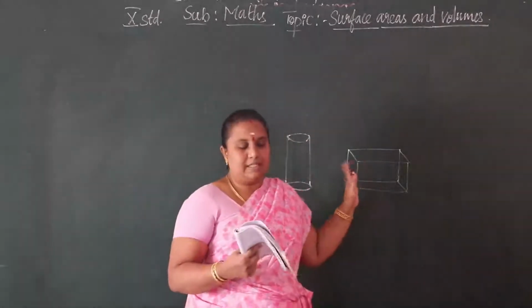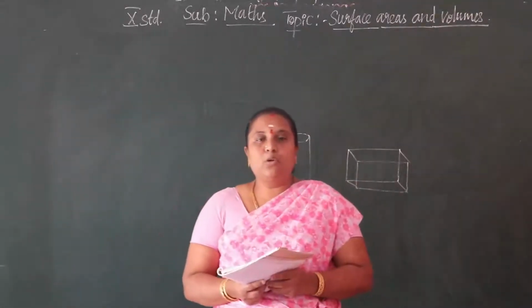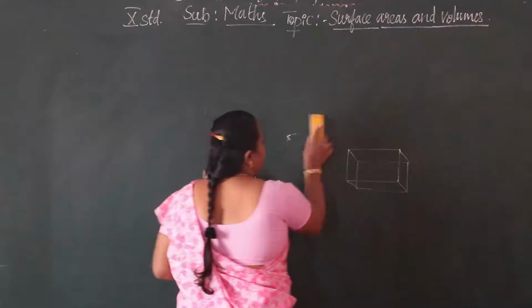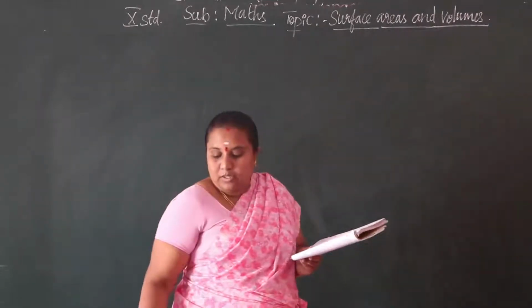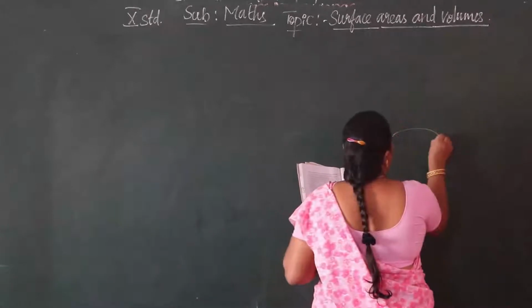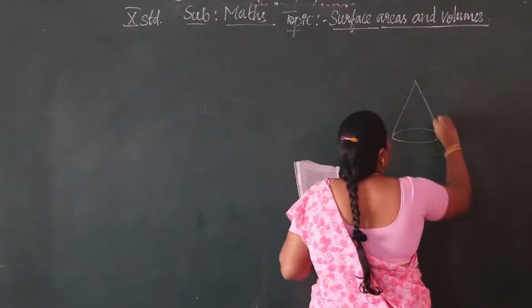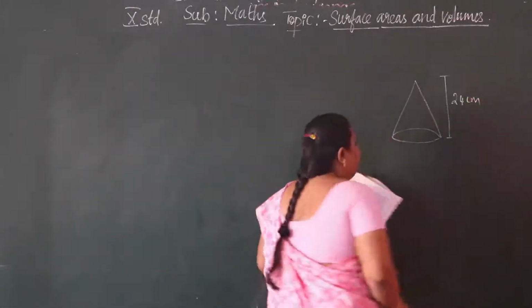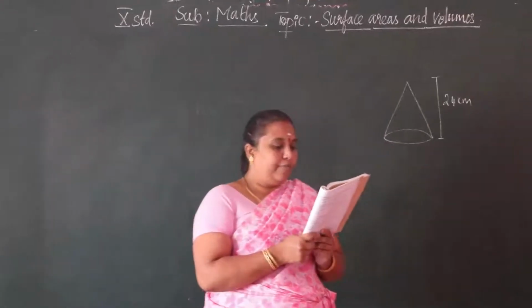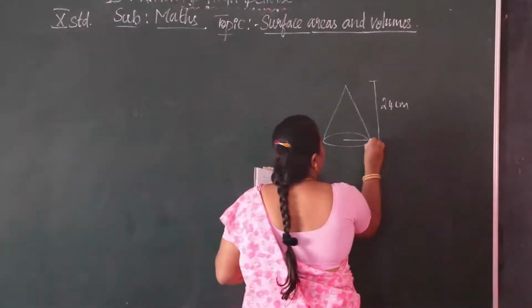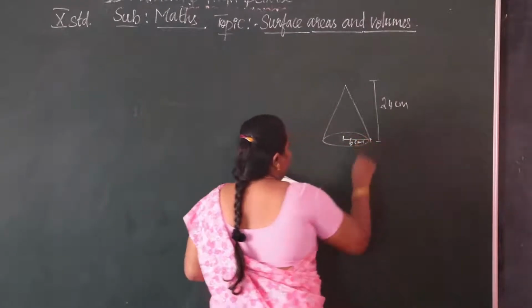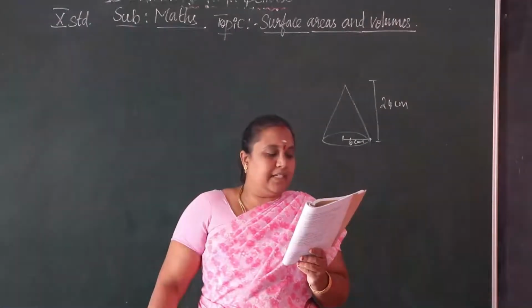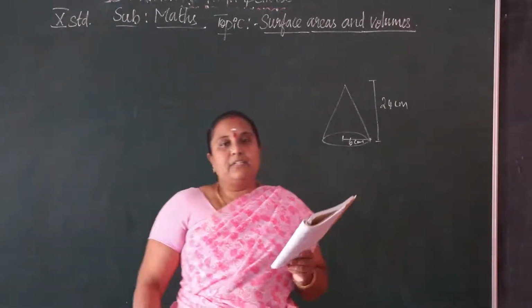It is like this: a cone of height 24 centimeter is given, and this can be changed into a sphere. The radius of the cone is 6 centimeter, and it is made up of modeling clay. So a child reshapes it in the form of a sphere. Find the radius of the sphere.